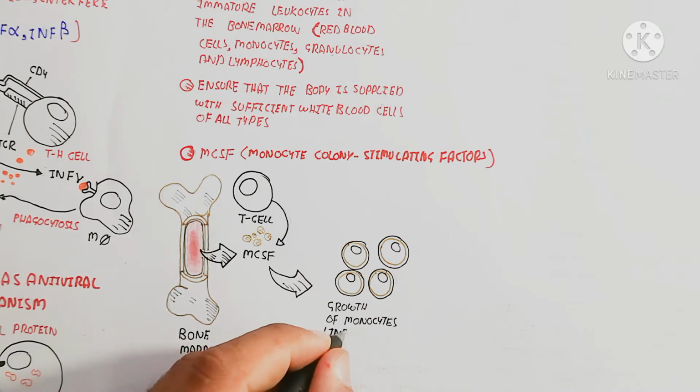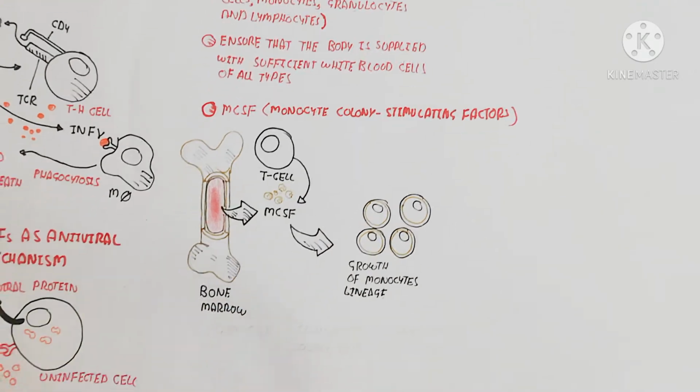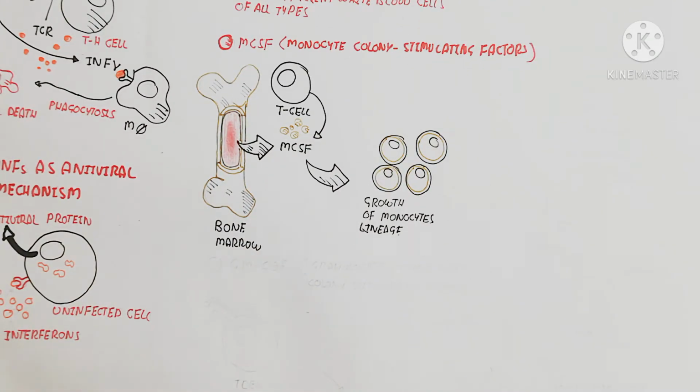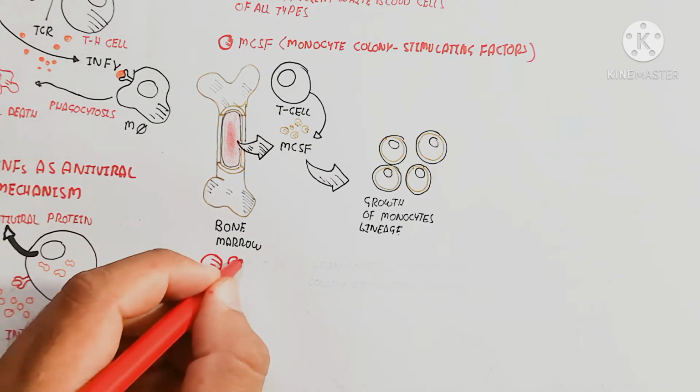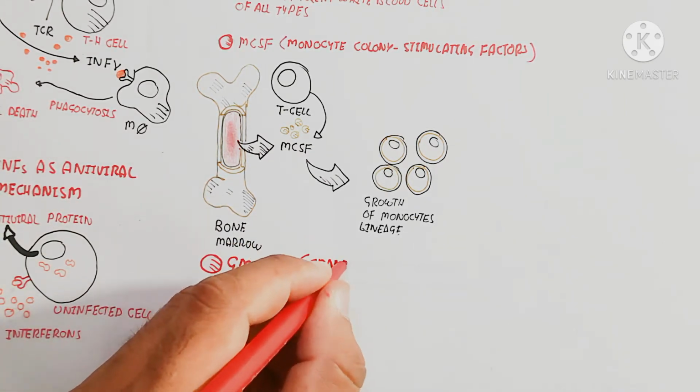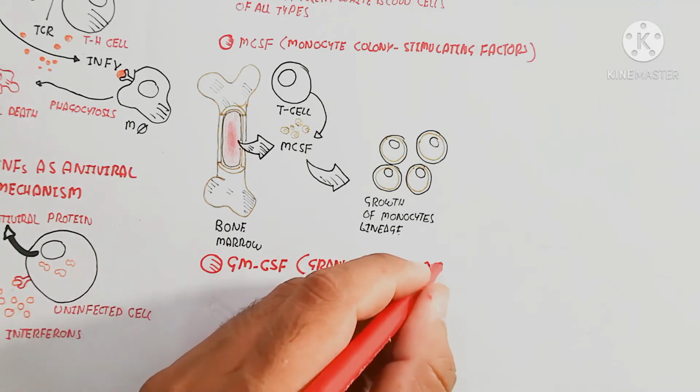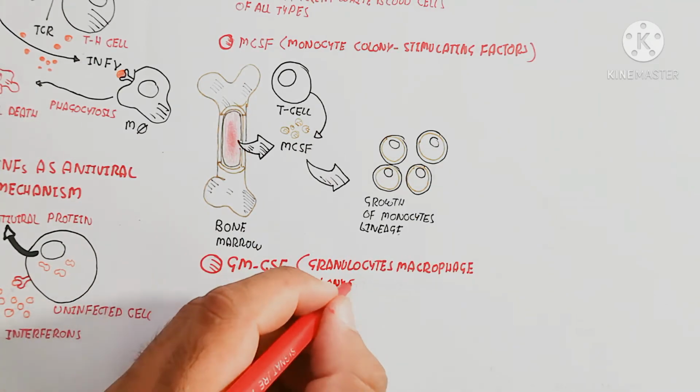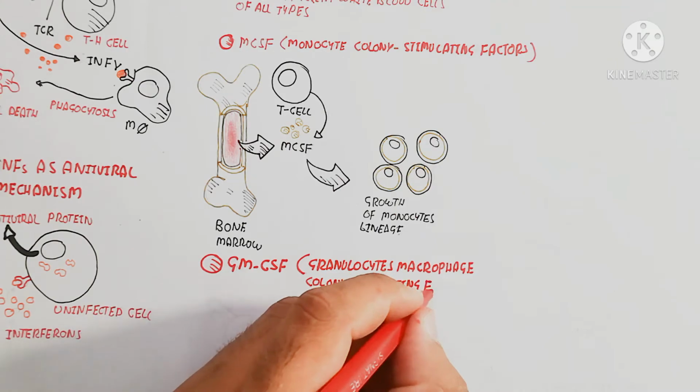So that is growth of the monocyte due to the MCSF, because the monocyte colony stimulating factor stimulates the colony of the monocyte.